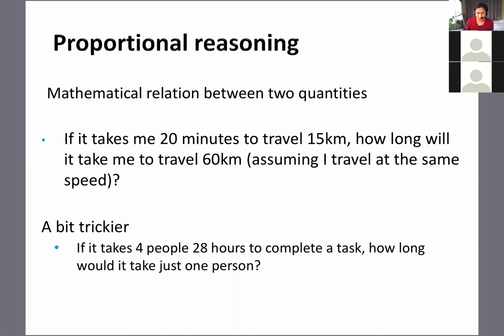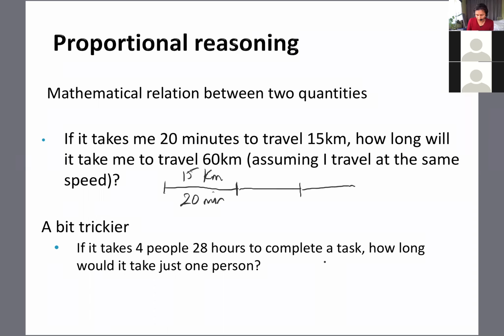So for the first question, this kind of thing, I would often just draw a little diagram of some kind to represent the quantities. So 20 minutes to travel 15 kilometres. Now, suppose I want to travel 60 kilometres. What's that going to look like on my picture? Well, how many of those little intervals will I need?